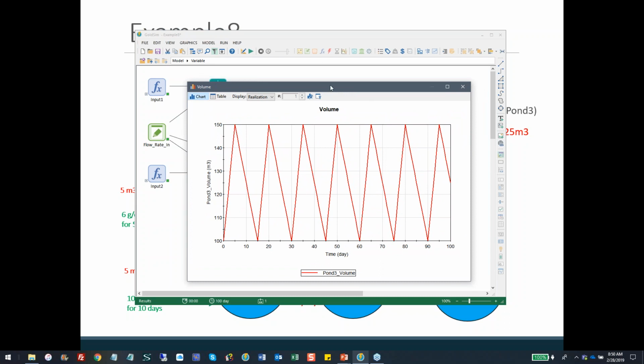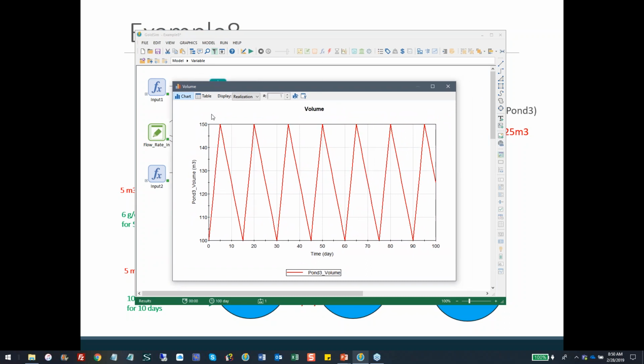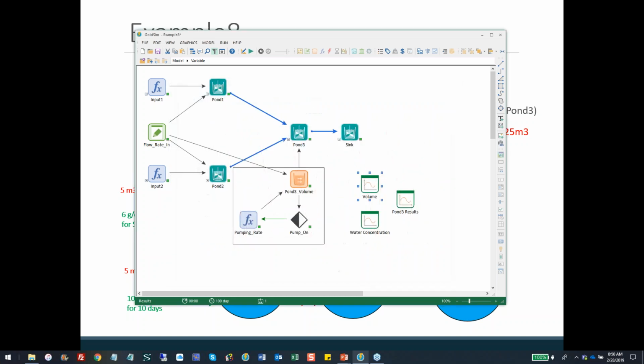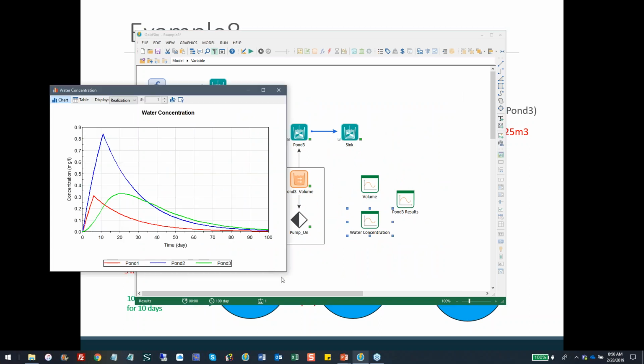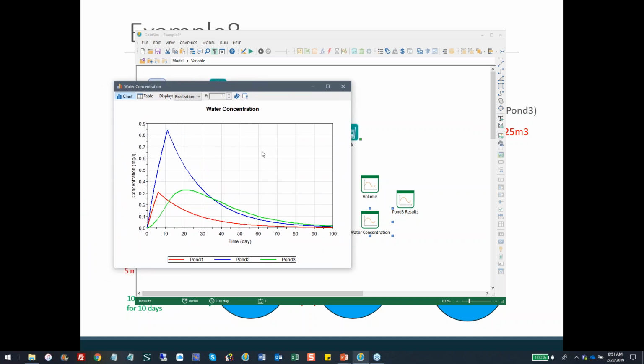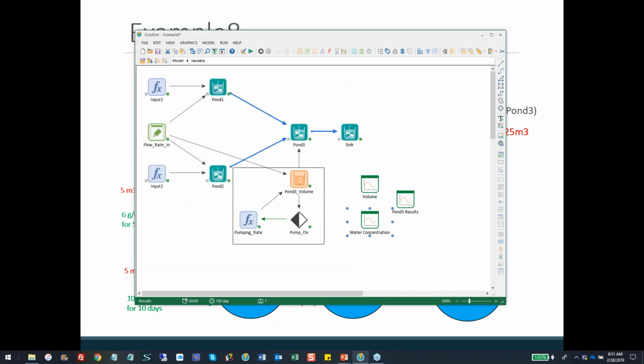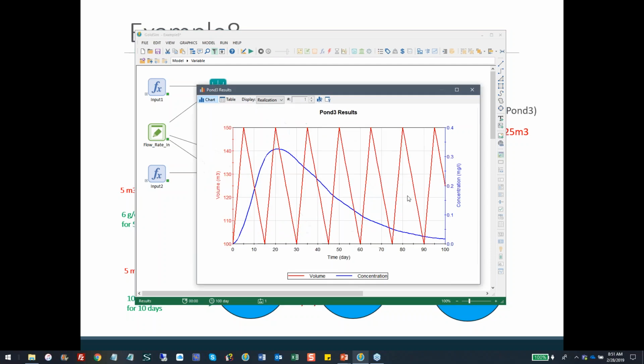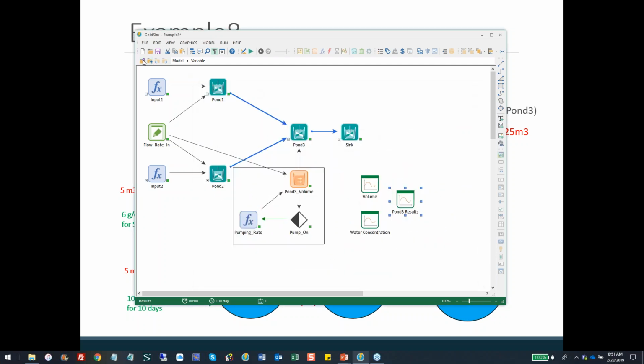It wasn't 125, by the way, it was 150. The volume is just going up and down between 100 and 150 cubic meters, and the concentration looks a little bit different. It looks quite similar to what I showed in my last, but if I were to compare my result from a constant volume to the result with a changing volume, the results actually look a little bit different.